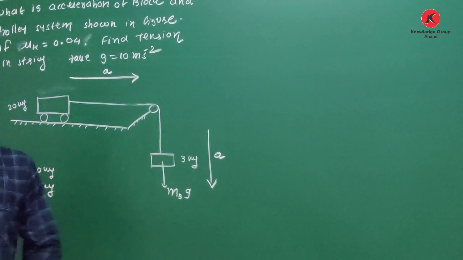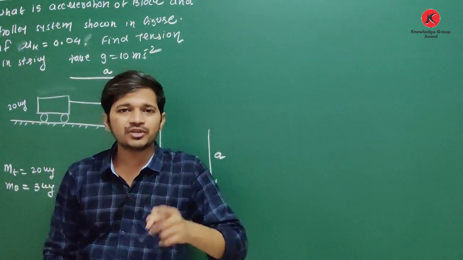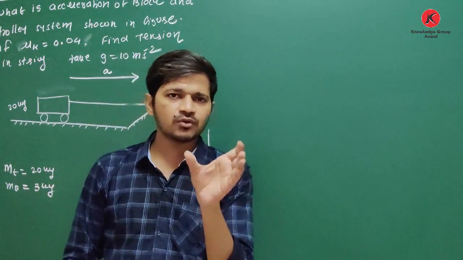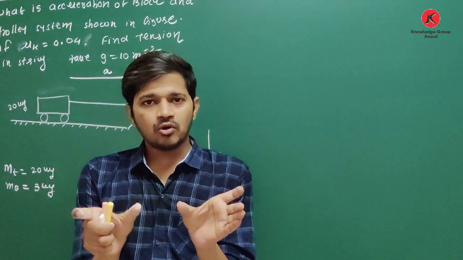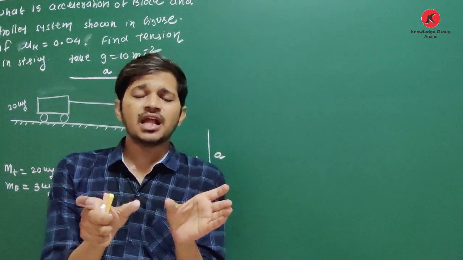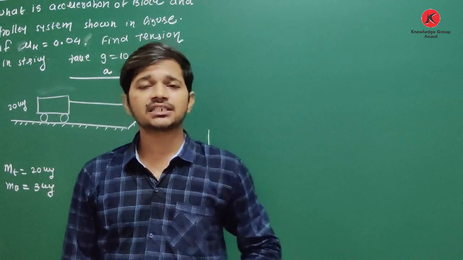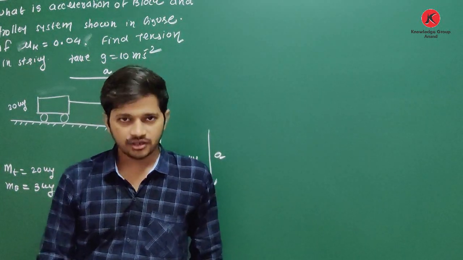Clear about this? Whenever some bodies are connected with each other, their acceleration will be the same. See, if there is one vehicle and another vehicle is connected to it somehow, and the acceleration of the first vehicle is 10 meter per second square, then what is the acceleration of the second vehicle? Obviously, as it is connected, the acceleration will be the same. Yes or no?